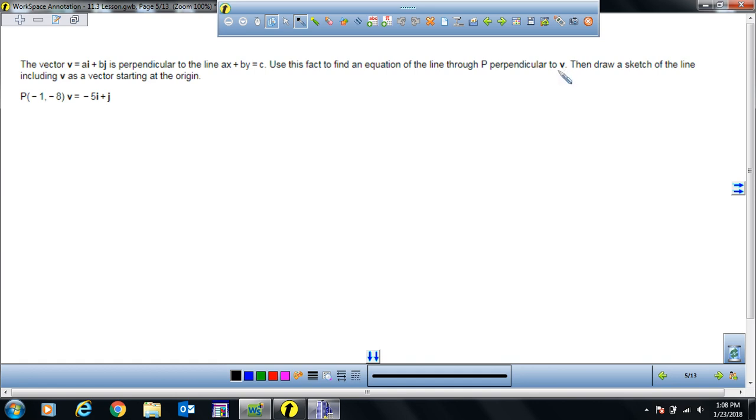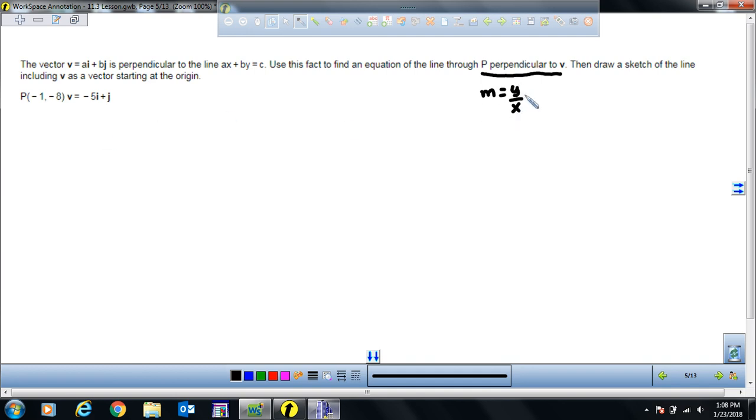Okay, so perpendicular to V in the first place, remember one of the concepts of perpendicular that you saw in pre-cal is that you must have the negative reciprocal slope of that vector V. So that vector V, remember the J component is like your Y value, and the I component is like your X value. To find the slope, it would be Y over X, right?